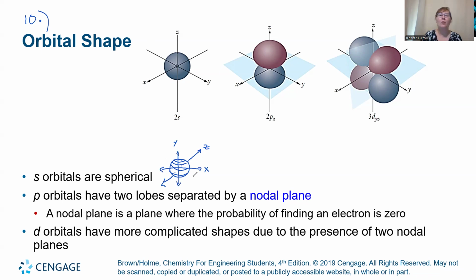Now, p orbitals, you can see they have these two lobes separated by a nodal plane. And a node is a place where your probability is 0. And when you're talking about p orbitals here, remember, as I showed you before, you can have p orbitals going in different directions because those are our different orientations in space.